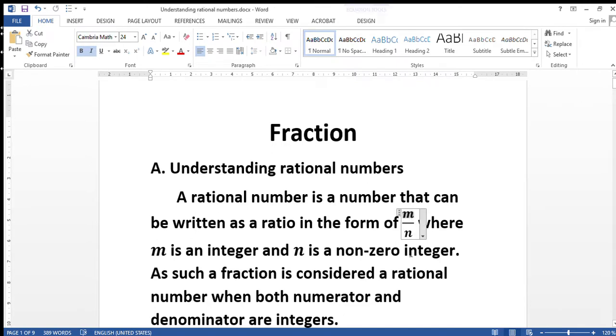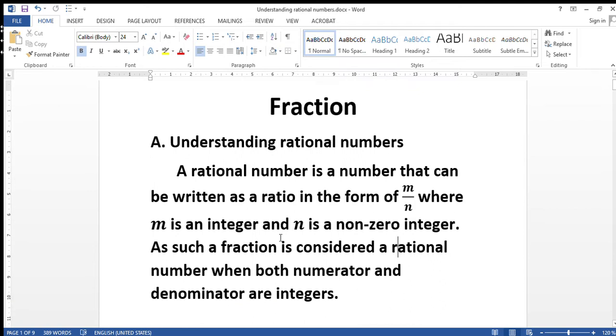So m, the integer, we'll call the numerator, and n, the non-zero integer, we'll call the denominator. As such, a fraction is considered a rational number when both numerator and denominator are integers.